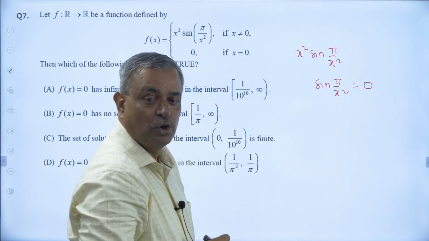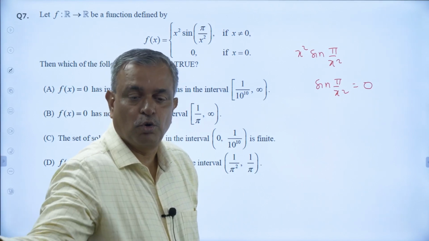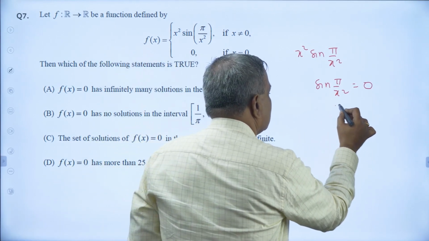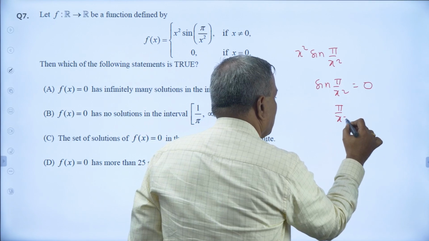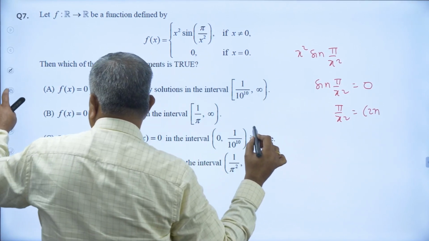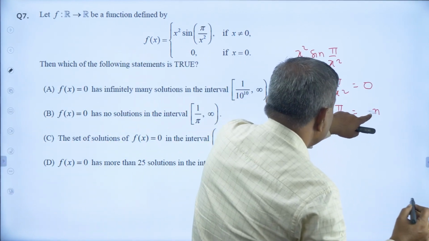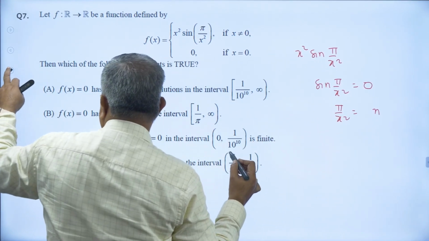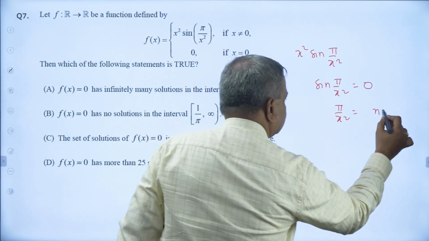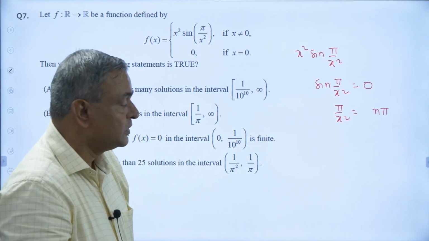When will this be 0? When it is a multiple of pi, 2 pi, 3 pi, 4 pi. So this can be written as pi by x square is equal to n pi, where n is an integer. Correct?